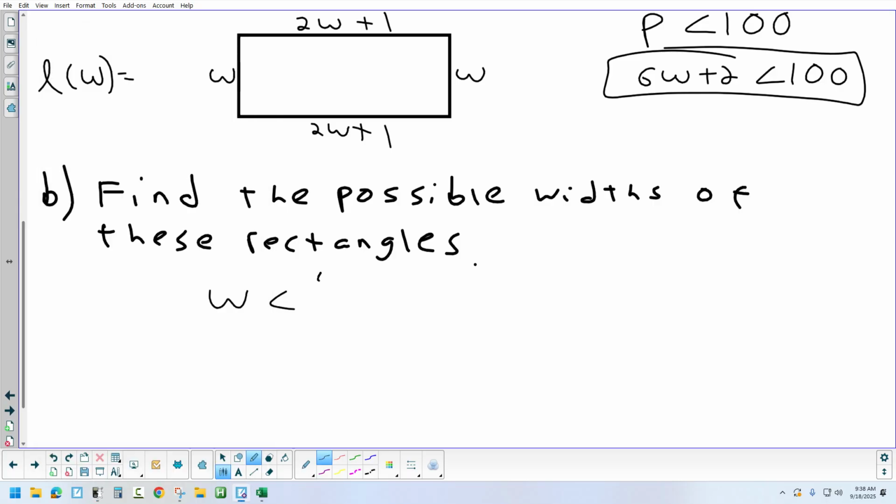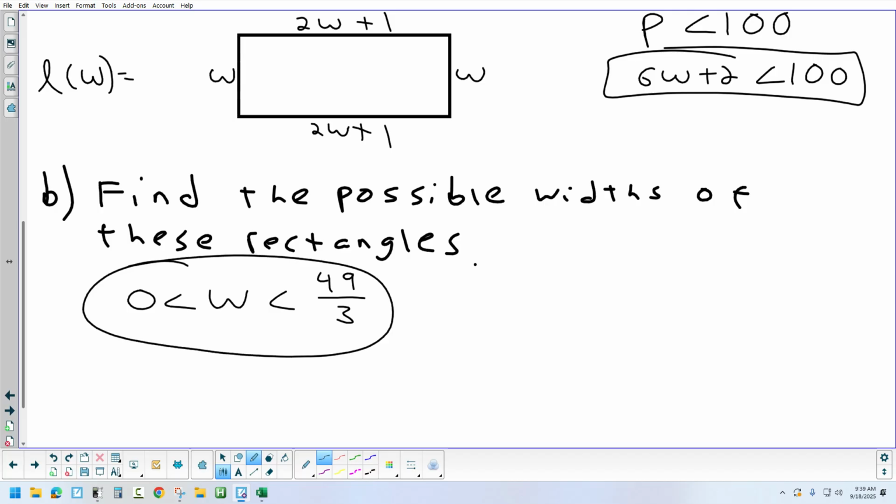So the width has to be less than 49/3, but that's not all of it. What else do we know about the width? It has to be greater than 0, yes. If you don't put greater than 0, you're technically telling me the width could be -10. -10 is less than 49/3.